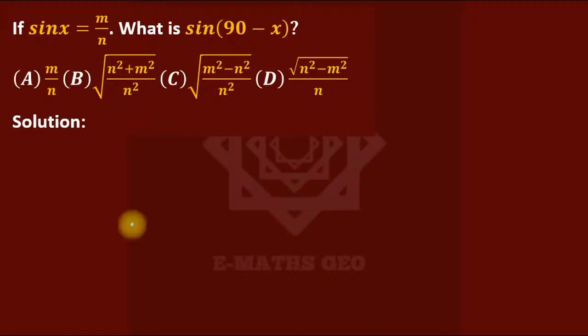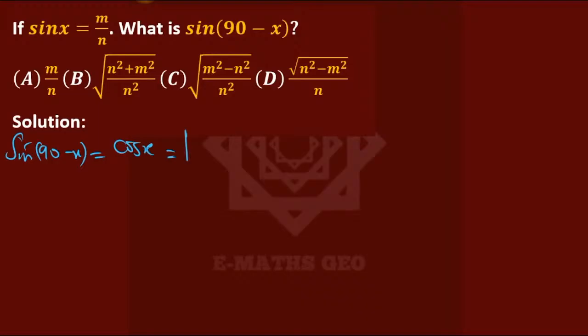If sine x equals m over n, what is sine of 90 minus x? So we're going to use both the cofunction identity and Pythagorean identity. We're asked to find sine of 90 minus x, and from our cofunction identity, that is cos x, if you can remember. Now, from the Pythagorean identity, we know that sine squared x plus cos squared x is 1.